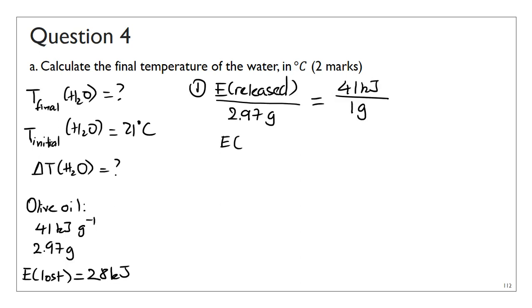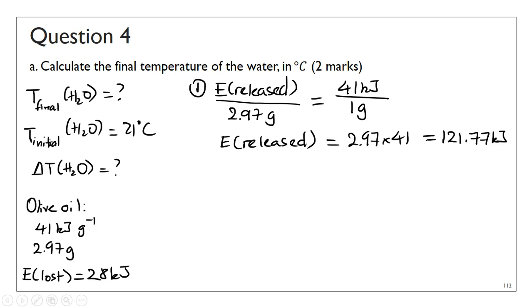So the energy release is just going to be 2.97 times 41, which is 121.77 kilojoules.